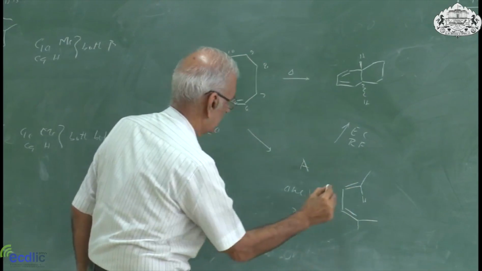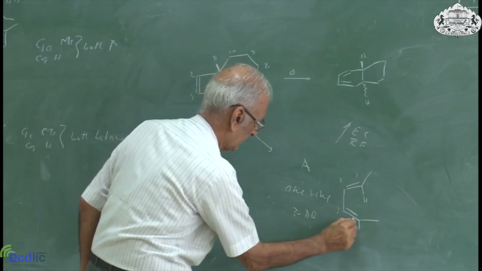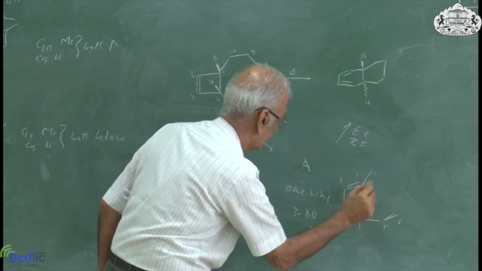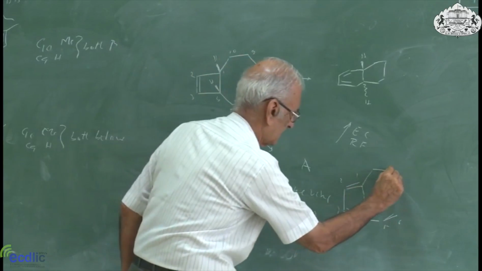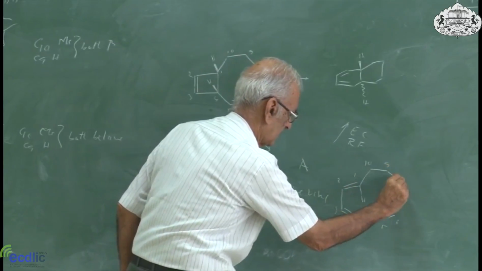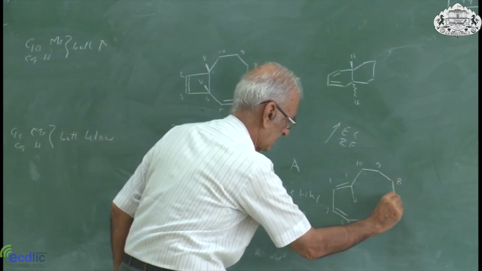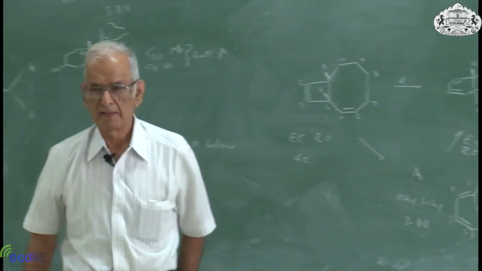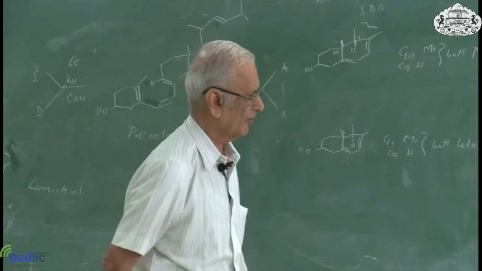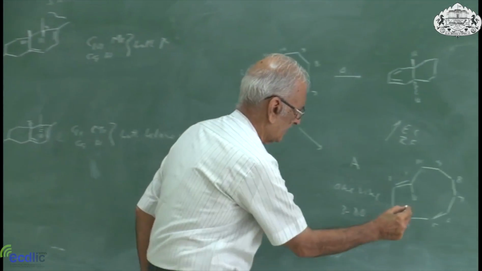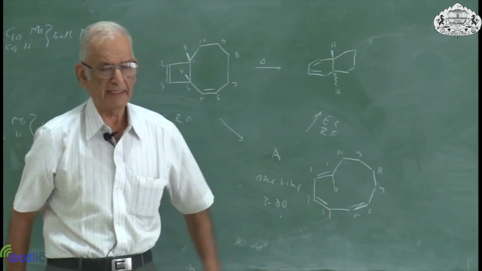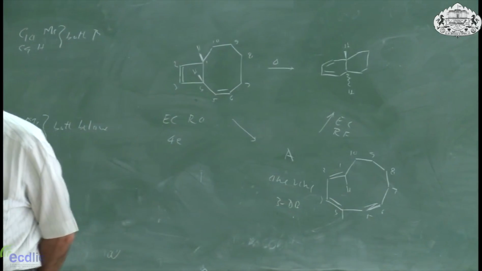So, that is your 1, 2, 3, 4, 5, 6, that is your triene. How many total double bonds? 3 double bonds in a 10-membered ring.